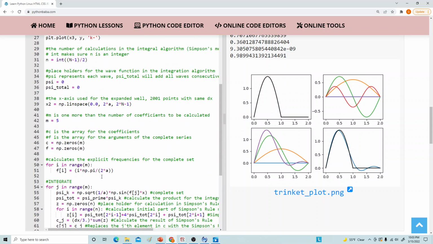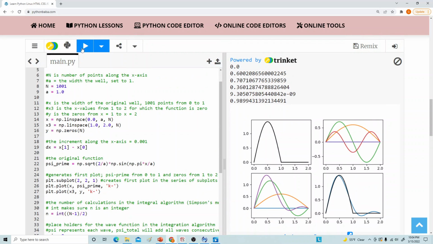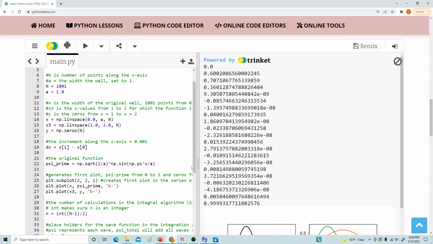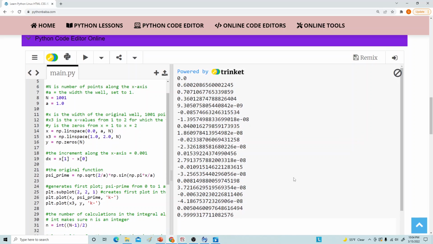Okay, so the really interesting things happen when you add more and more terms here. So what if we add 20 terms? So I'm going to calculate 19 coefficients. And here we are. And you can see, now you can actually start to see a pattern start to emerge.